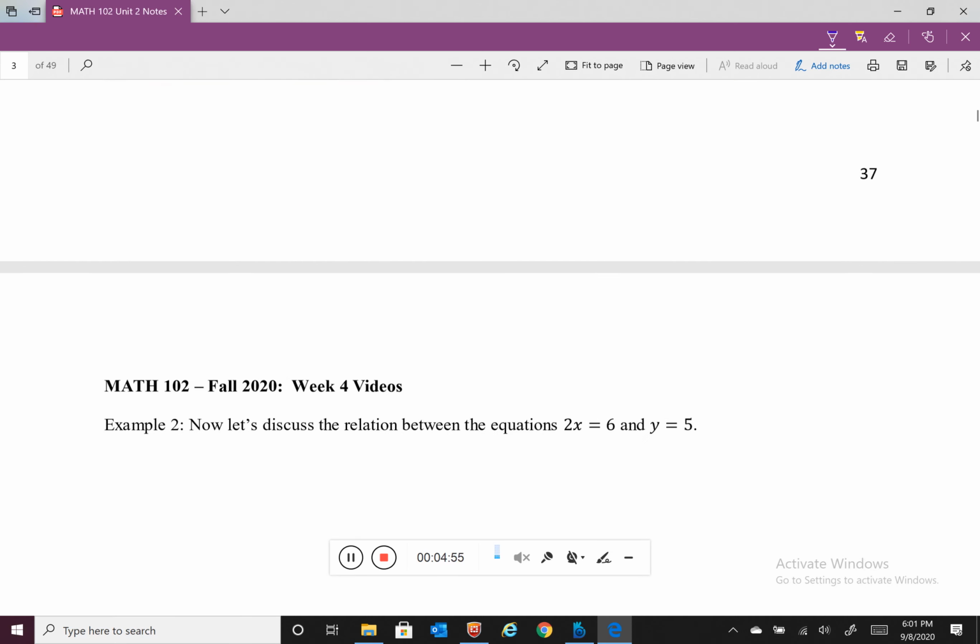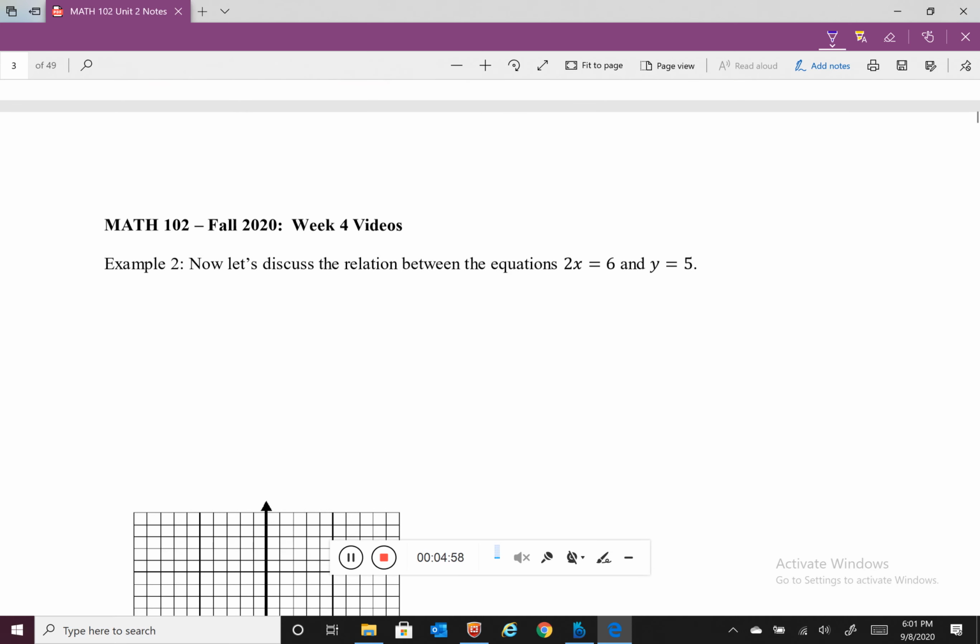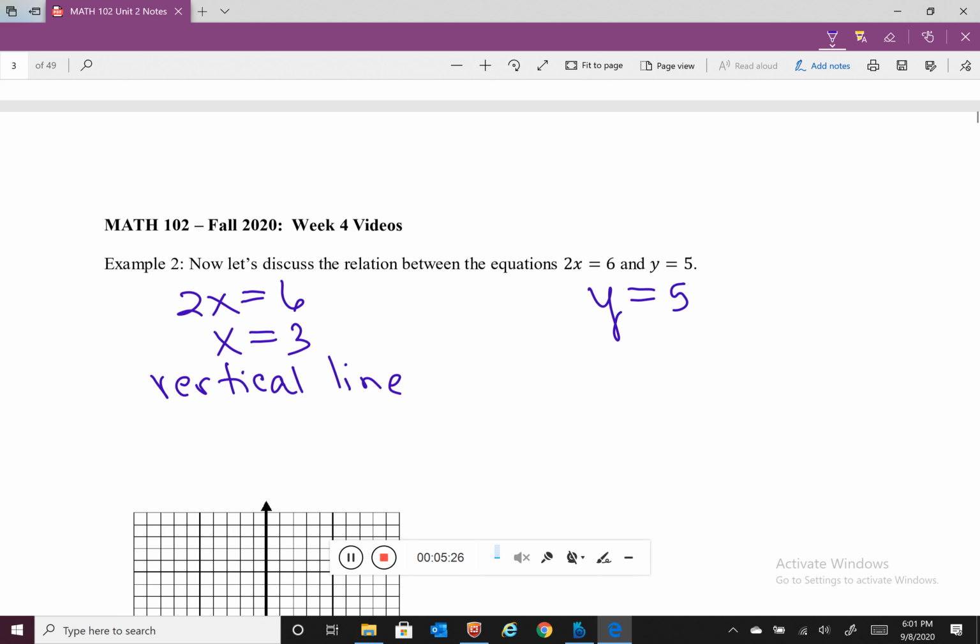Now let's take a look at the relation between the two equations 2x equals 6 and y equals 5. So for 2x equals 6, we want to divide by 2, and that results in x equals 3, and recall that this is a vertical line, whereas y equals 5 is a horizontal line.